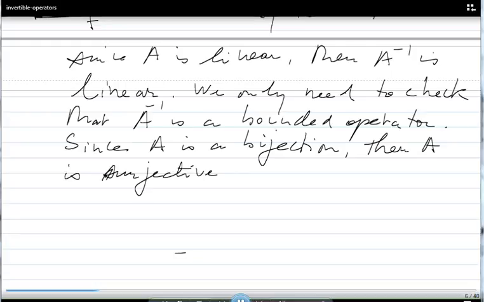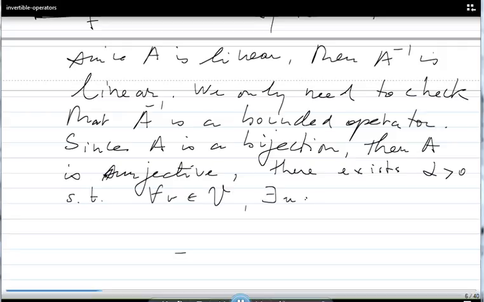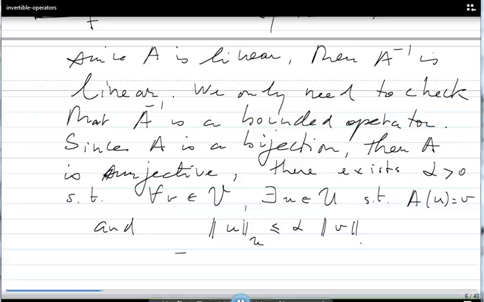So we get, and of course we're assuming that U and V are both Banach spaces, there exists alpha positive such that for every v in V, there exists u in U such that A of u equals v, and the norm of u in U is less than alpha times the norm of v in V.